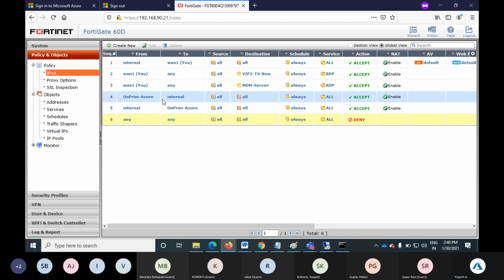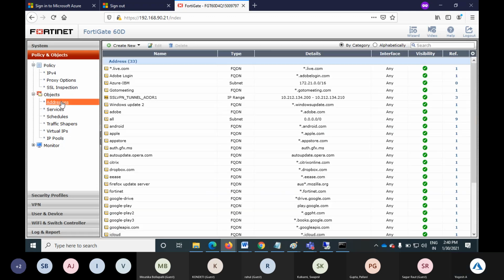So now go to the route and we should configure the static route here.